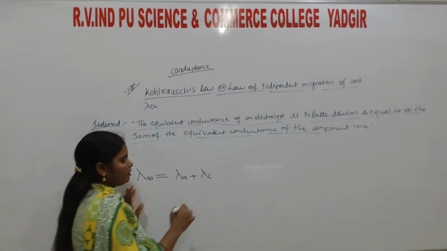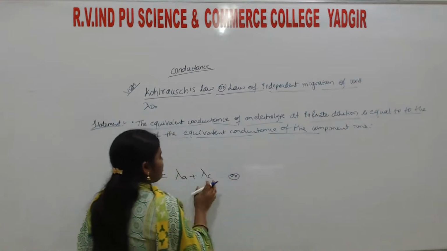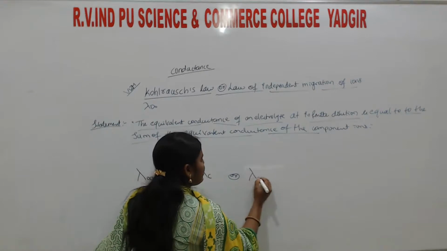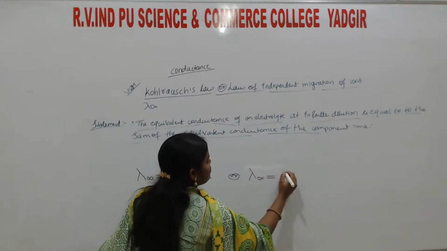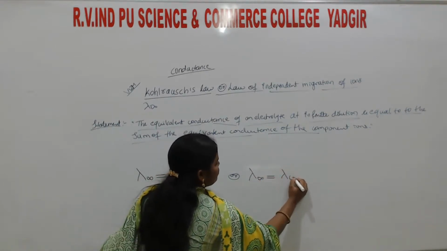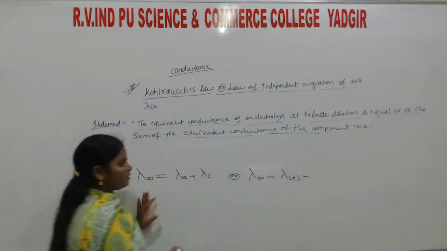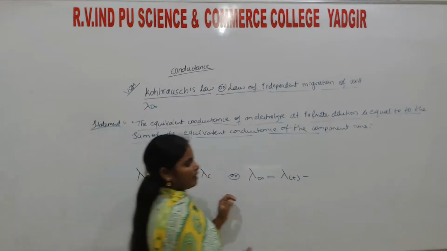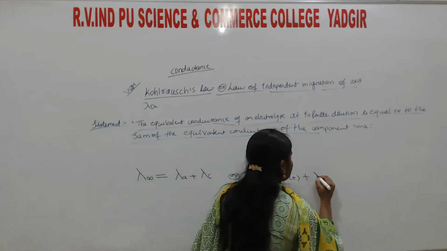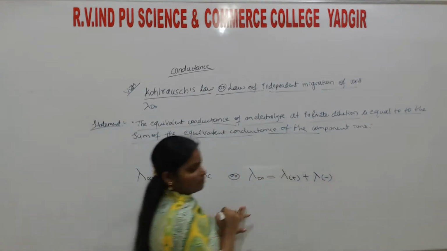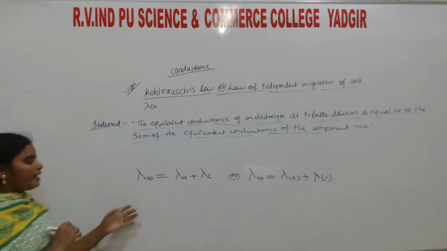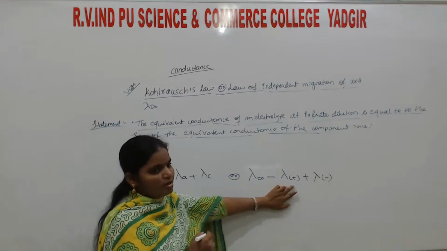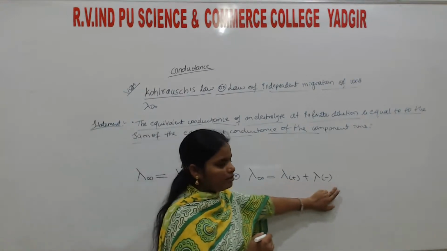You can also write this as lambda c and lambda a. Lambda infinity is equal to lambda cation plus lambda anion, where the positive is the cation and the negative is the anion.